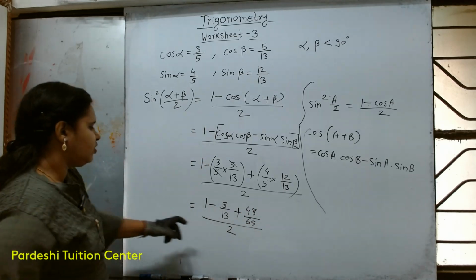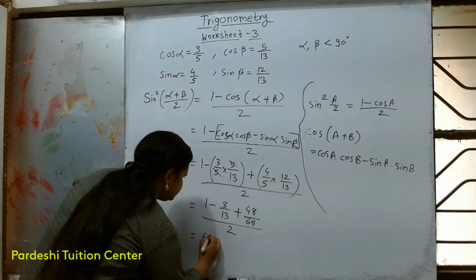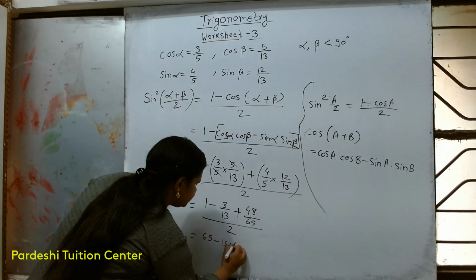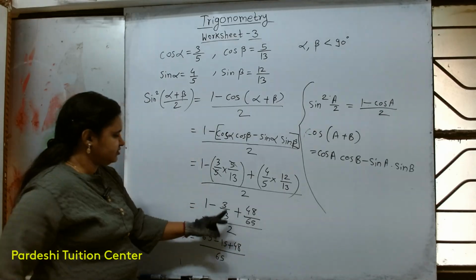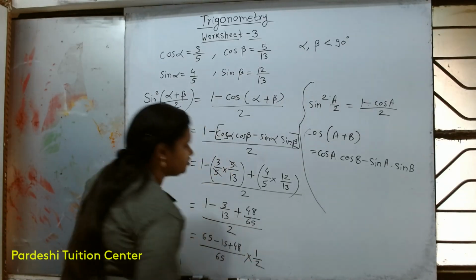Now again if we take the LCM, it will be 65. So it will be 65 minus 15 plus 48 upon 65. I can write upon 2 as 1 by 2, so it will be into 1 by 2.